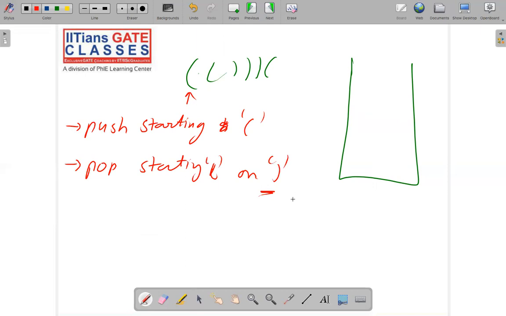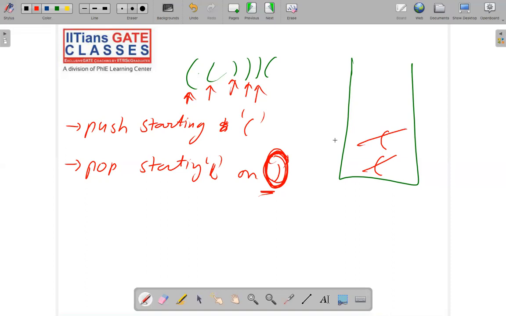And it is invalidated when there is nothing in the stack to pop, or there is no starting brace to pop. When the ending brace is compared with the top, it should find a starting brace there. Okay, so our pointer is here. It is a starting brace. We push it. Now your pointer is here. It is a starting brace. We push it. Now an ending brace comes up. We pop. An ending brace comes up. We pop. Now there is nothing in the stack. Now again an ending brace comes up. There should be a starting brace in the stack.